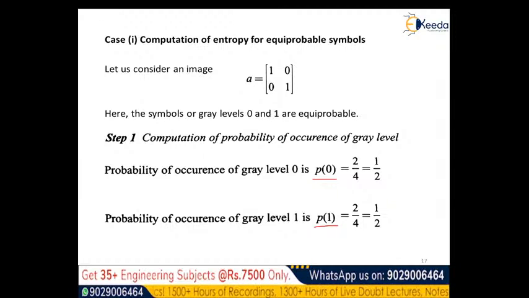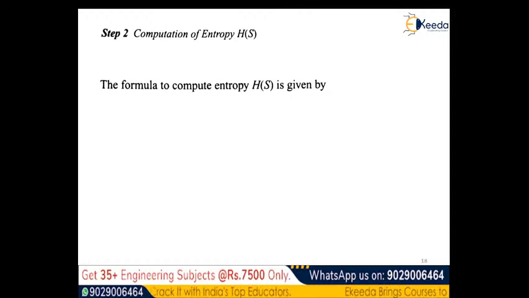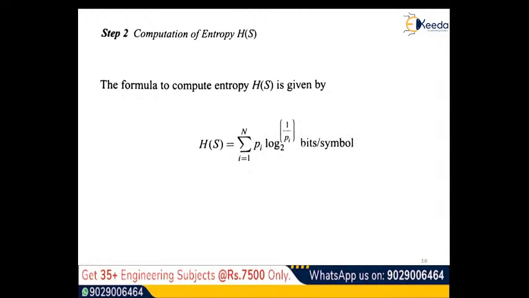Now we can substitute them into the entropy formulation. Entropy, which we have been representing by capital H, we can also represent as H of S. So H of S is equal to the summation, with index variable i ranging from 1 to capital N, of Pi multiplied by log to the base 2 of 1 upon Pi, in terms of bits per symbol.